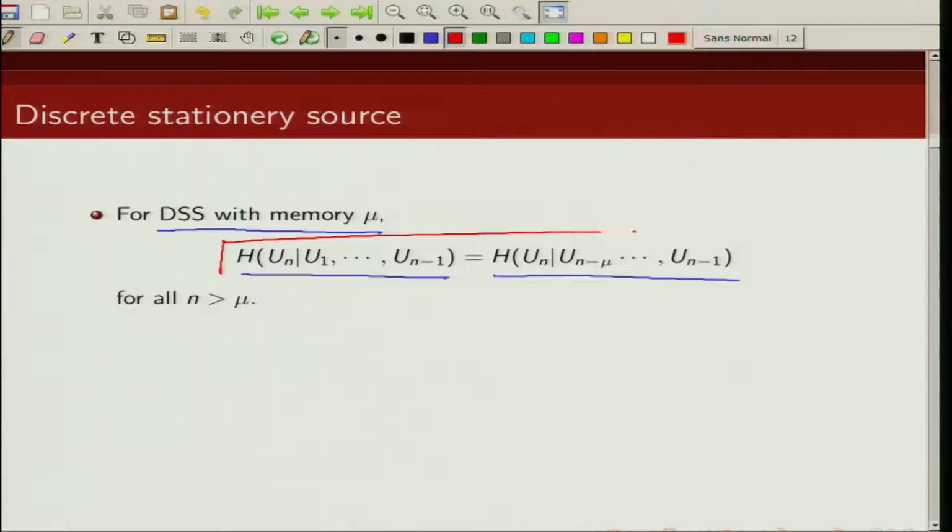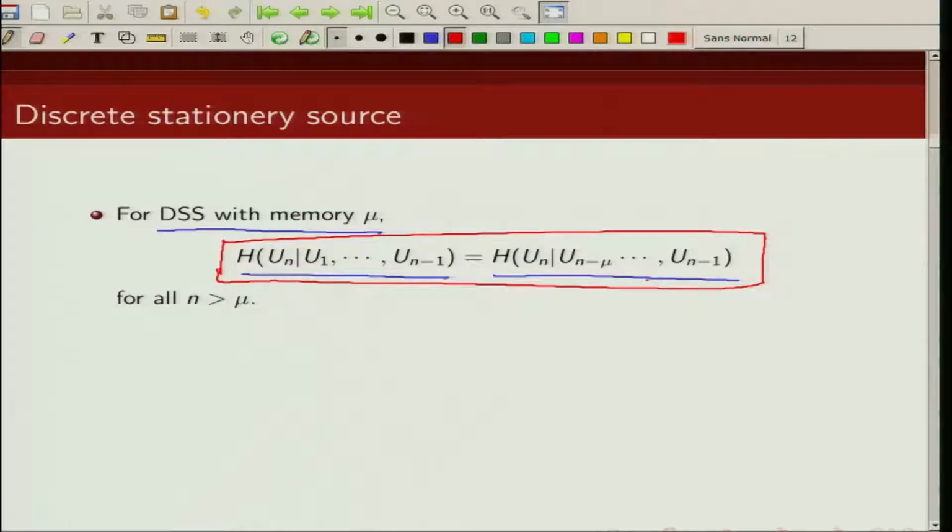Applying the definition of entropy, we directly get this relation, where mu is the memory of the source. And this is true for all n greater than mu.